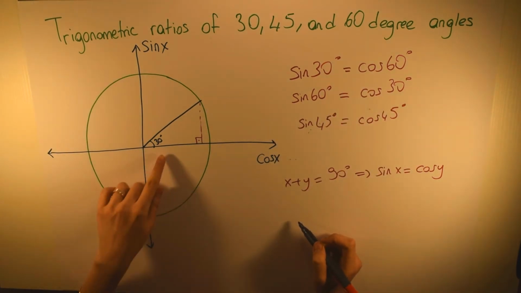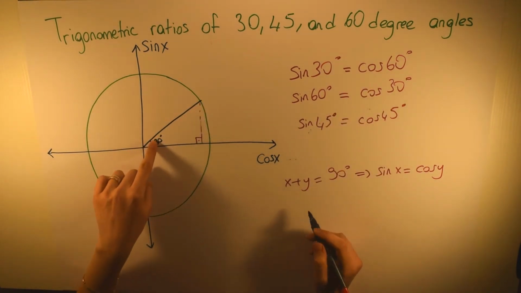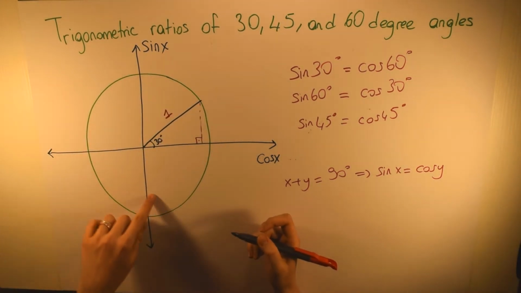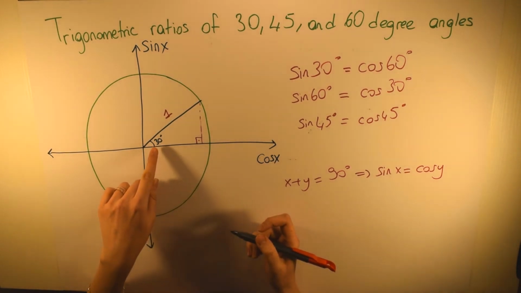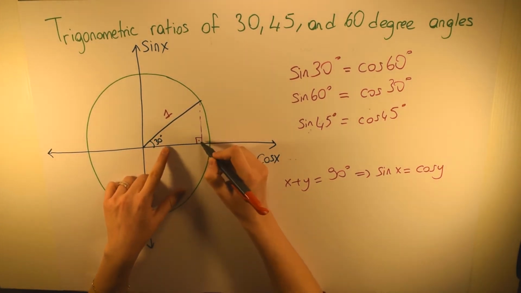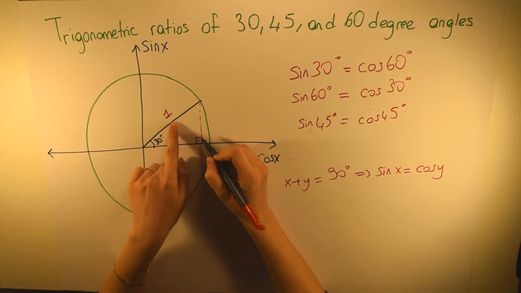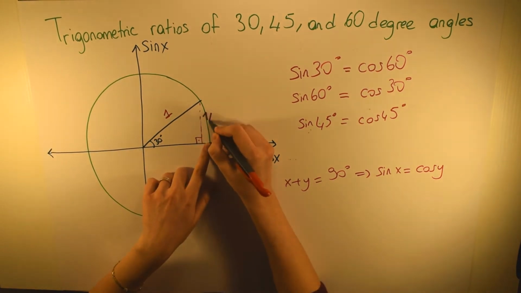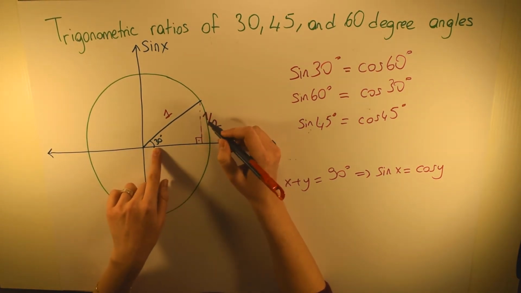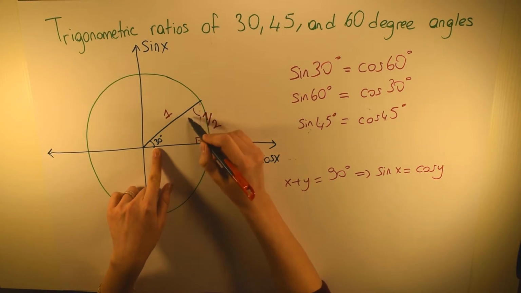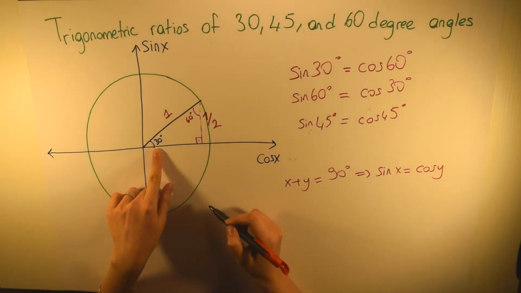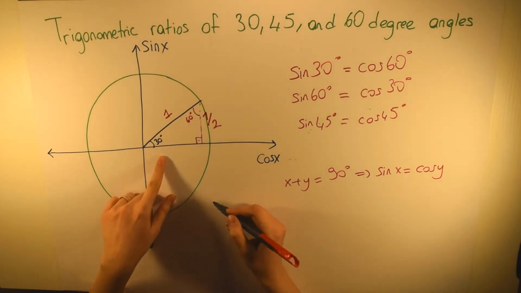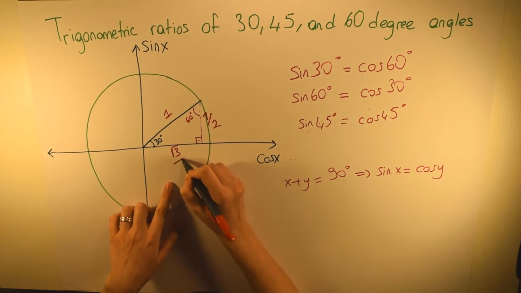So here, when I look at this right triangle, we know that our radius is 1, because it is on the unit circle. If the length of the opposite side of 90 degrees is 1, the length of the opposite side of 30 degrees is equal to 1 over 2, right? And since here is 30 degrees, this angle is equal to 60 degrees, and the opposite side of 60 degrees is equal to square root of 3 over 2.